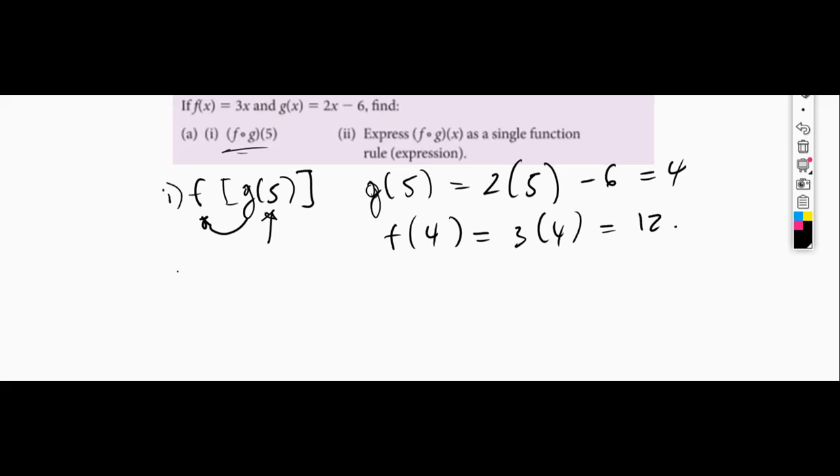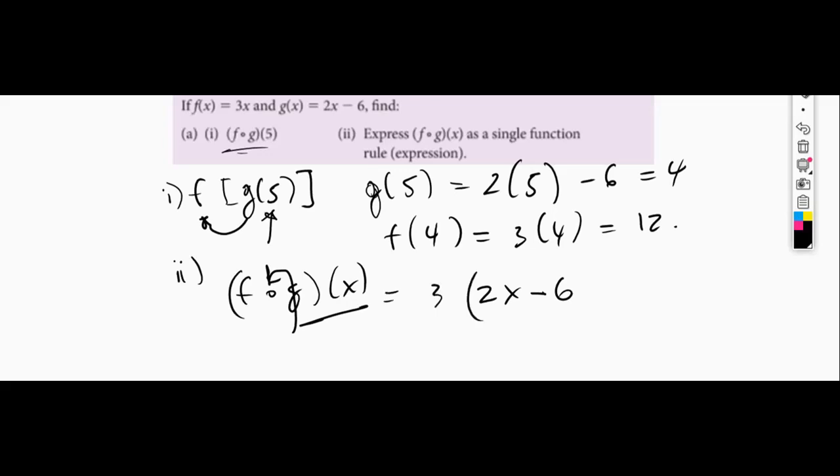For part 2, they're asking us to express it as a single function rule. In other words, let's do it algebraically and get a final equation. So if we have f of g of x, this implies plugging in g inside of f, right? So g of x is 2x minus 6, and f of x, which is the outer function, is 3 times x, so 3 times g of x, right?